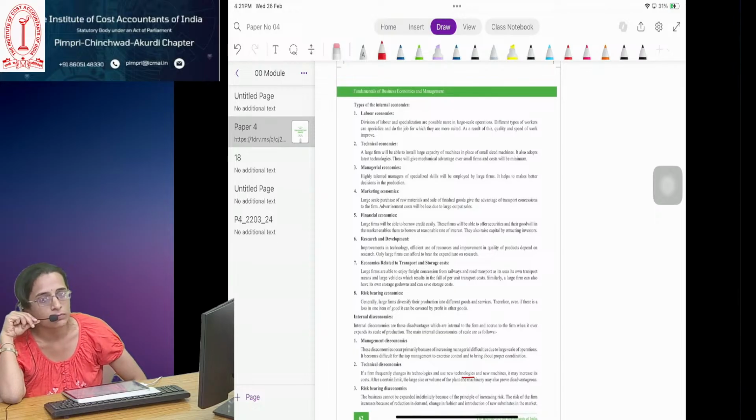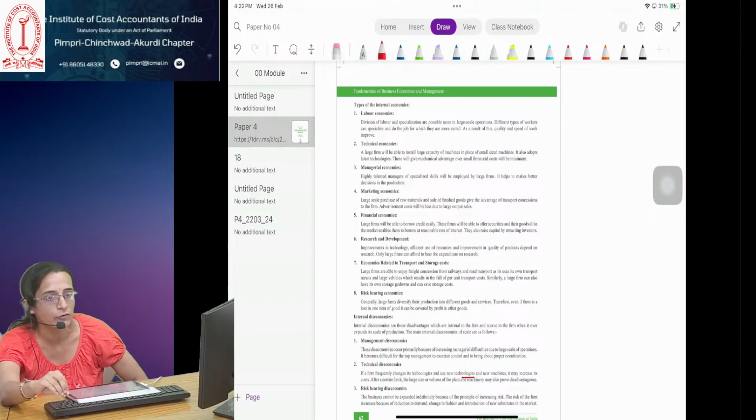If the scale of production increases, naturally the training in that particular organization will become large scale. The number of laborers will increase in that company, more laborers will be required to produce. So if more laborers are required, more training will be given, and then we will classify them as which are skilled and suited for a specific work.